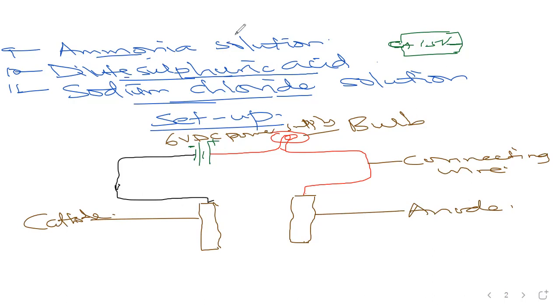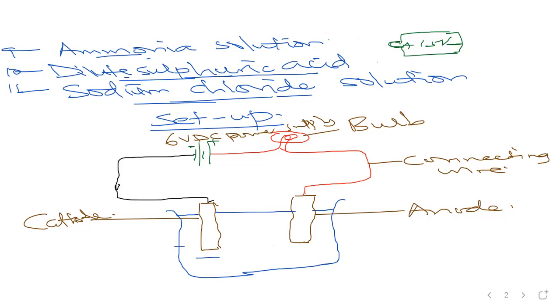Now, finally, complete by dipping that whole setup in a beaker or any bowl in which your electrolyte is going to be. And we are going to keep on doing this experiment by changing our electrolyte.